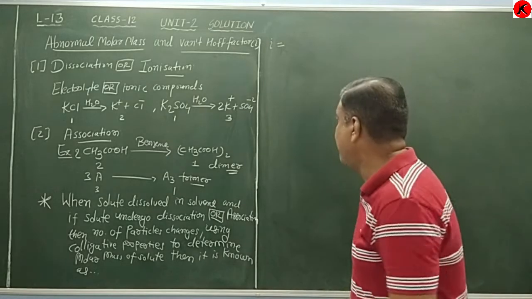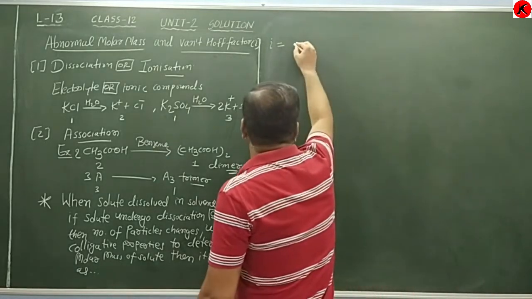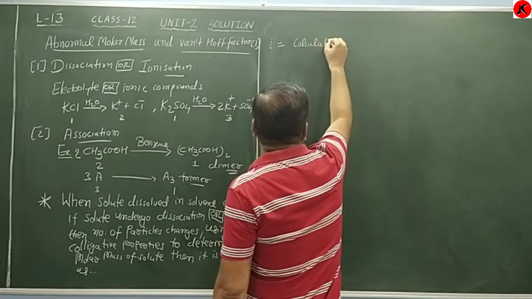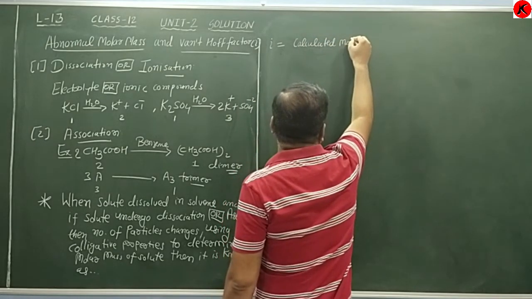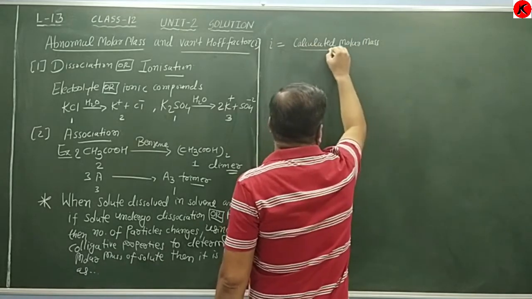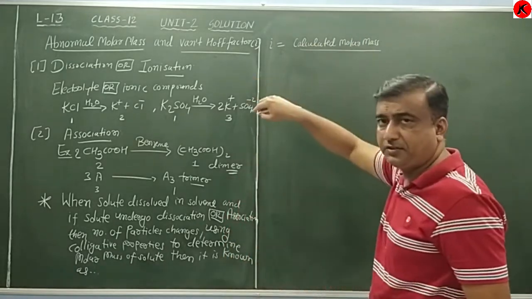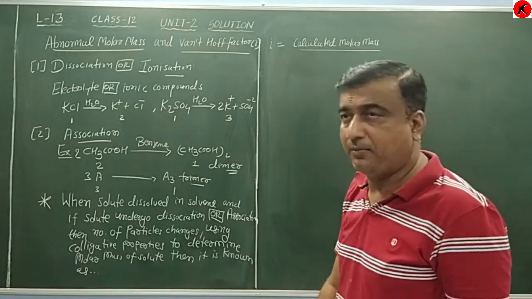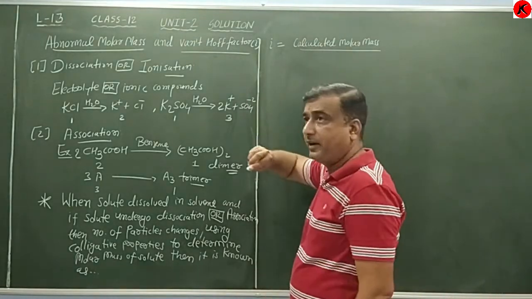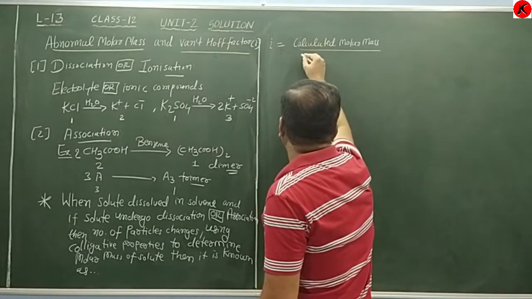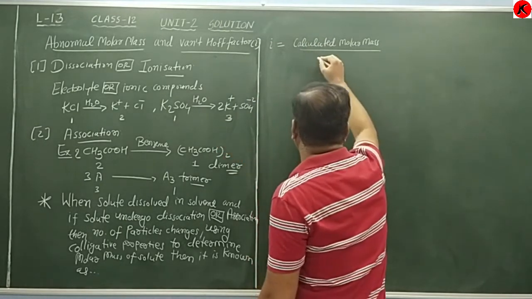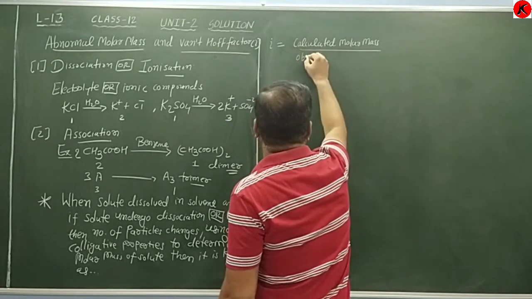As per the definition, the Van't Hoff factor is the calculated molar mass of the solute divided by the experimental molar mass, that means the observed molar mass.